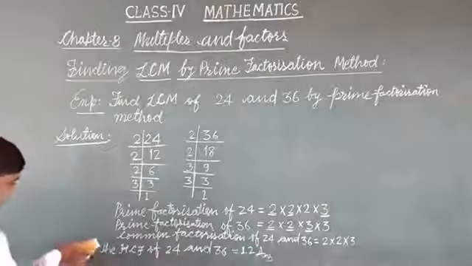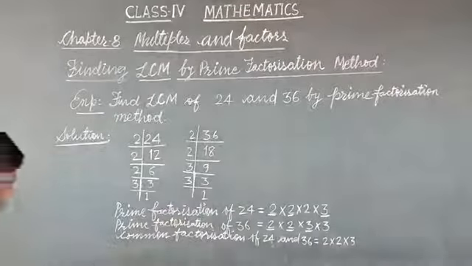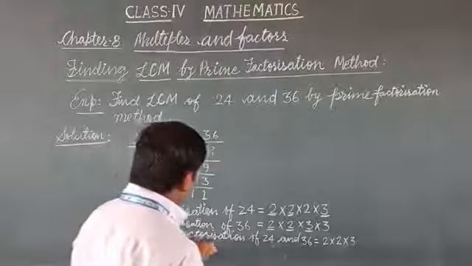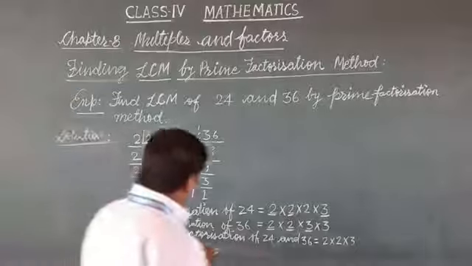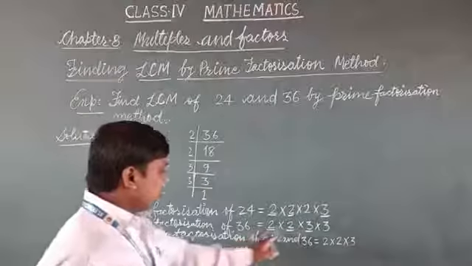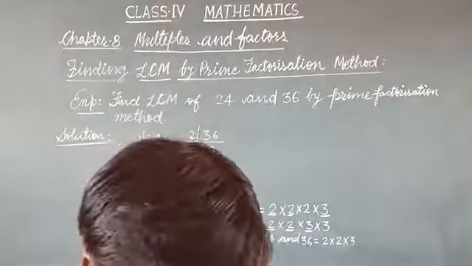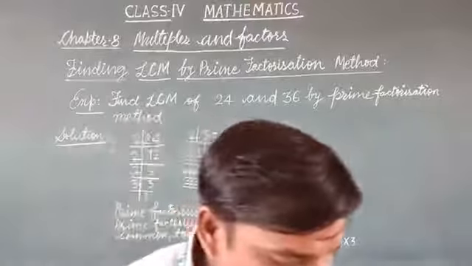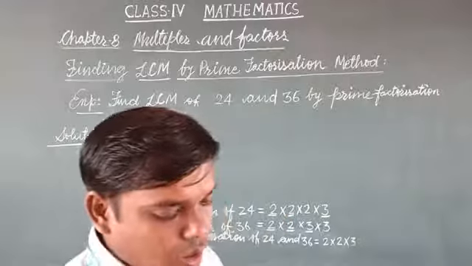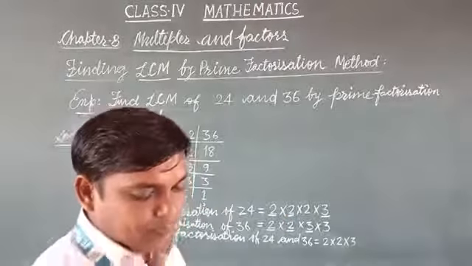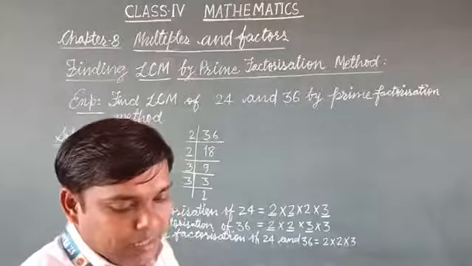Then we write common factorization. So common factorization among this is 2 into 2 into 3, and after that we write the product of non-common numbers. We write the product of remaining factors.